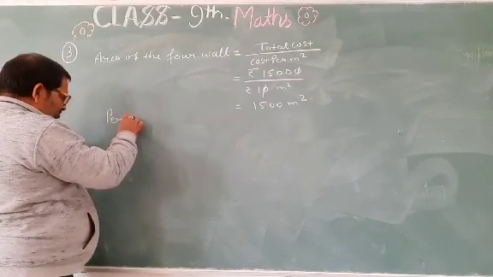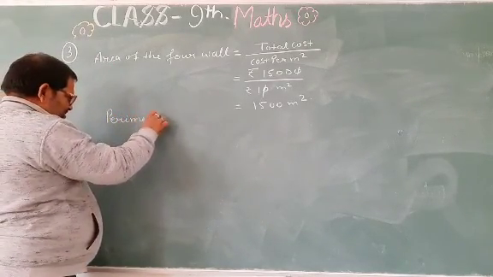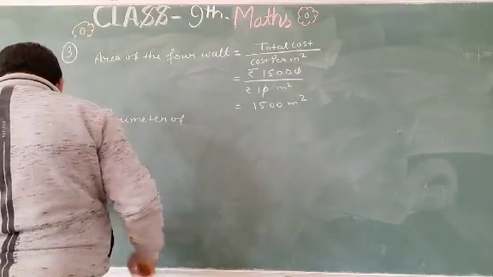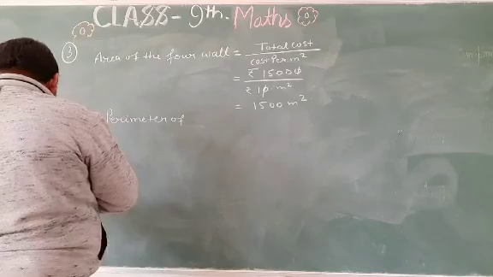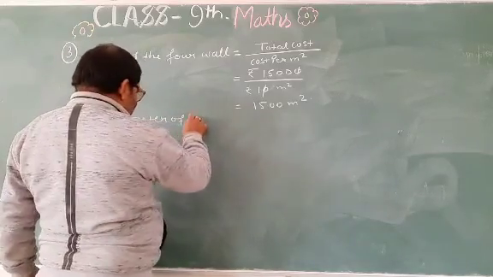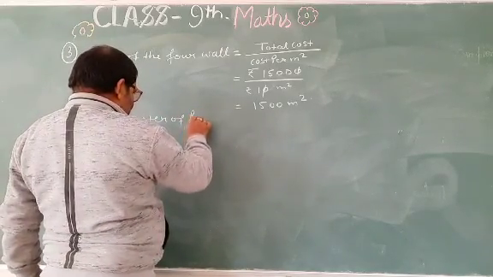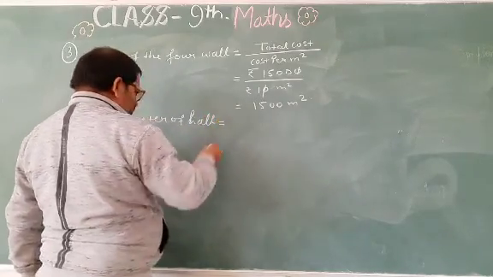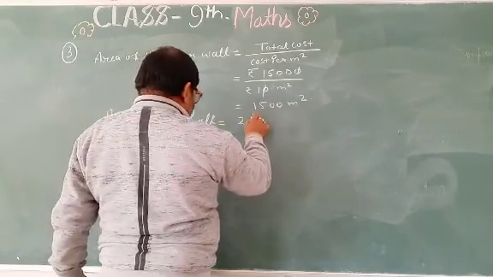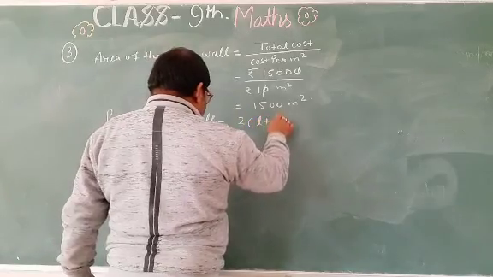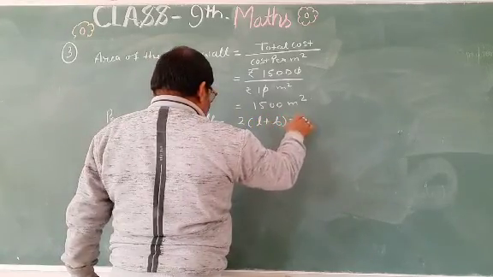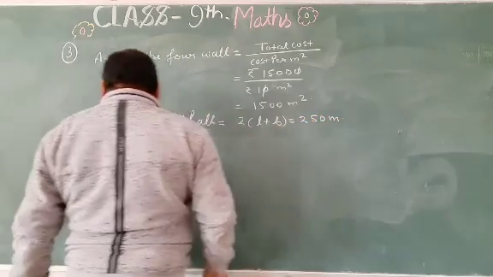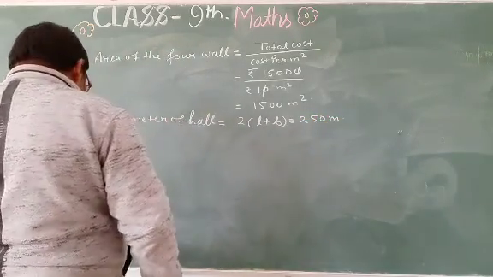Now the perimeter of the hall is equal to 2(L plus B), equal to 250 meter.